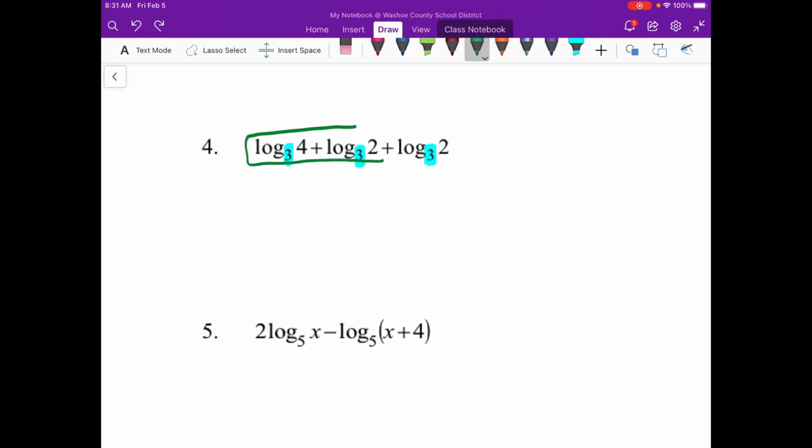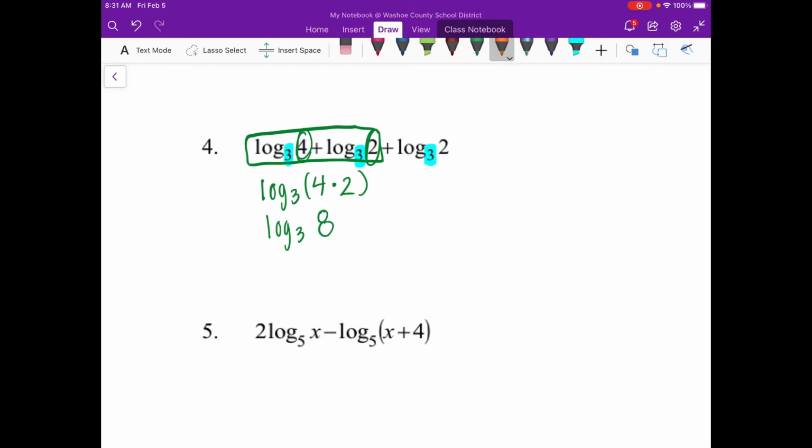I'm just going to focus on these 2. And because they are being added, I know that means I'm going to multiply the terms together. So really I have log base 3 of 4 times 2, right? I'm focusing on these terms right there. So that simplifies to log base 3 of 8.